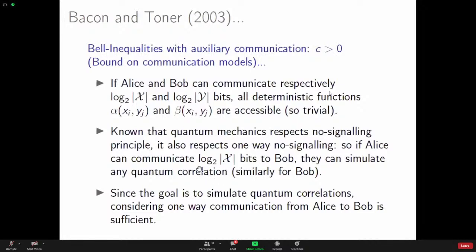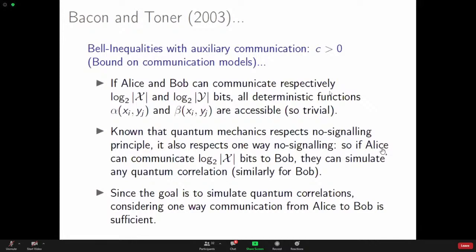So usually the limit on the communication C is set by these quantities. Also it's known that quantum mechanics respects the no-signaling principle. It also respects the one-way no-signaling principle.